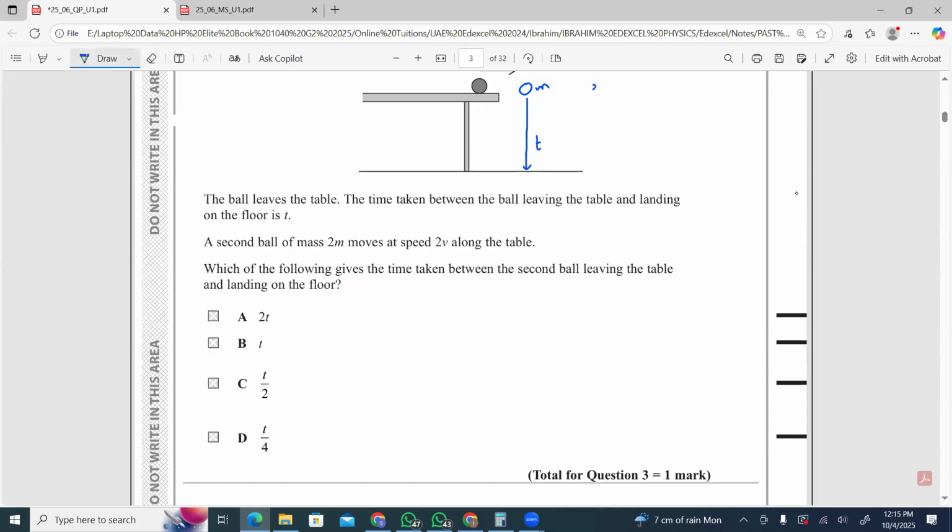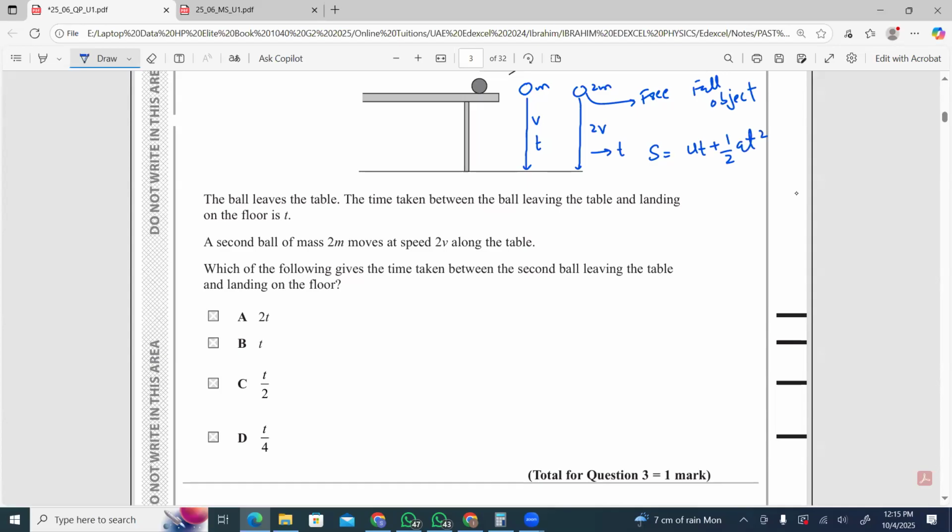So there is another ball of mass 2m, and it is also coming at a speed double the previous one. So now we need to know the time here. Since this is a free fall object, remember that for a free fall object you must always write the second equation: s equals ut plus half a t squared.